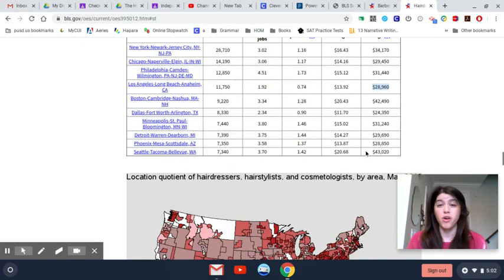But then if you scroll all the way down here, you go to Seattle, you'd make way more money. There's less of you. So there's only 7,000 hairstylists and cosmetologists in the Seattle area, and you're going to make more money. Also in the long run with per hour, your hourly wage too.